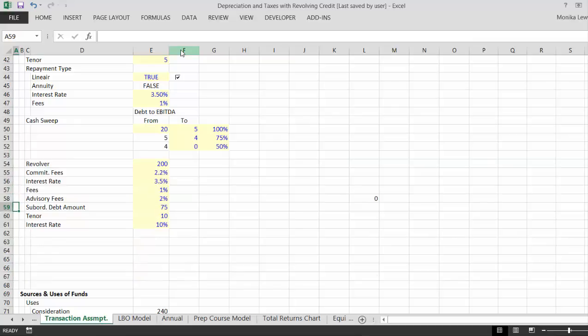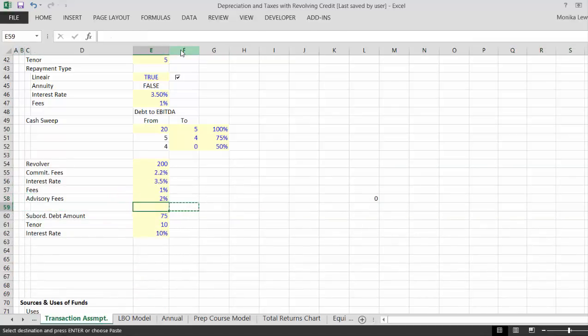Okay, and now I'm going to have another stupid thing there, but okay, so this is the revolver. We have an amount.